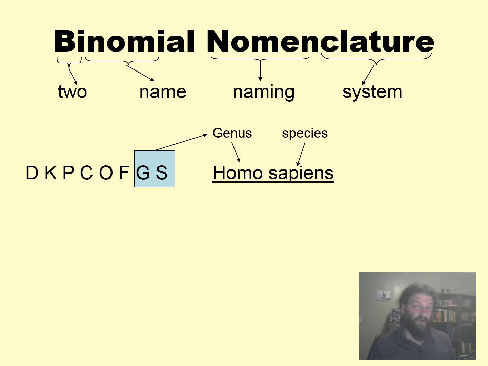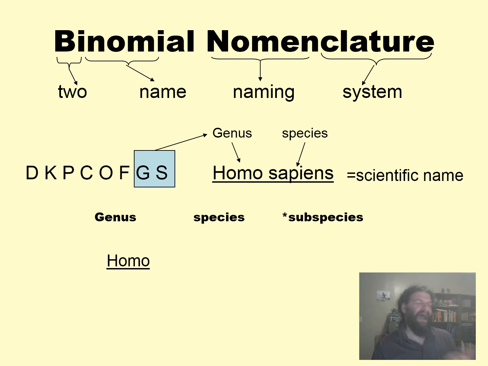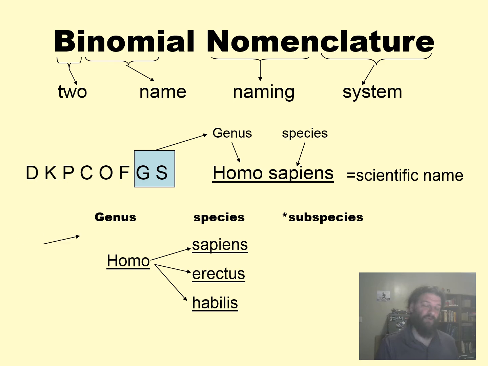Now, as an organism, as a species, we are known as Homo sapiens, and that is our scientific name, genus Homo and species sapiens. Now, we happen to only have one species in our genus, right? There is only Homo sapiens extant now.